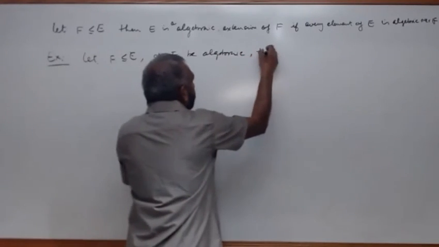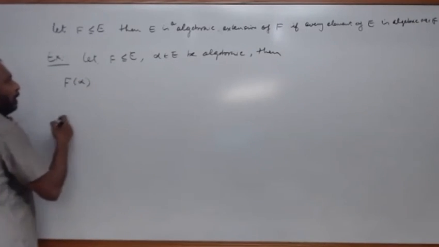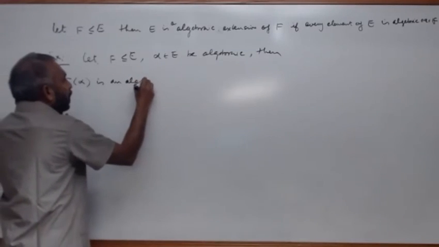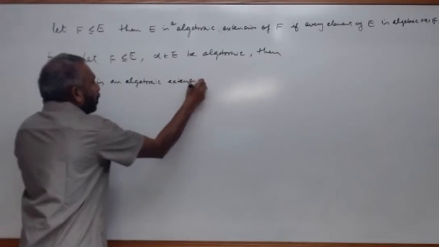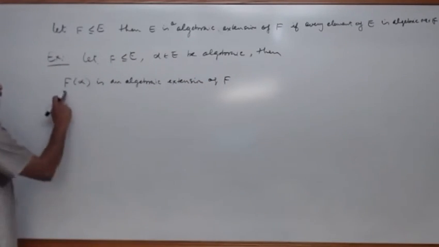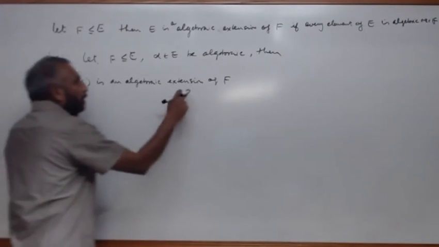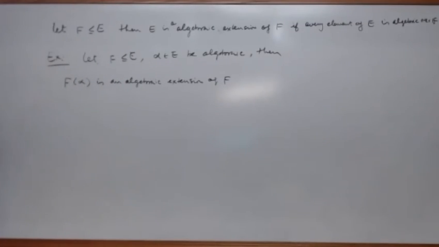Then the simple extension F(alpha) is an algebraic extension of F. Why? Because every element of this extension is algebraic over F. That is what we found in the last session.